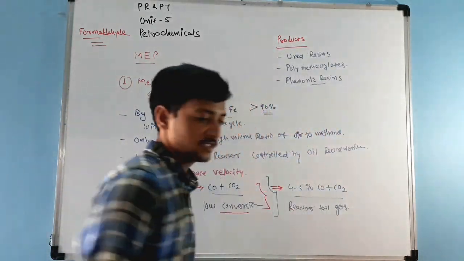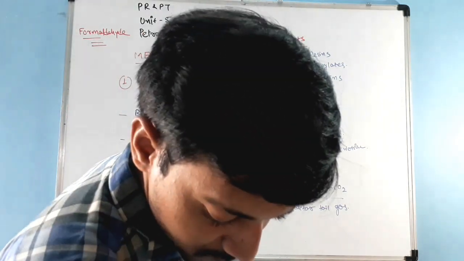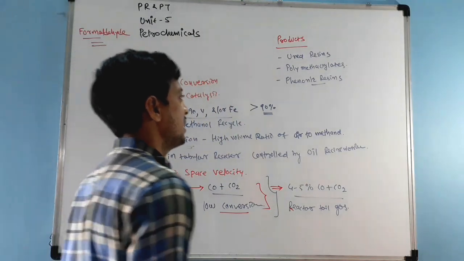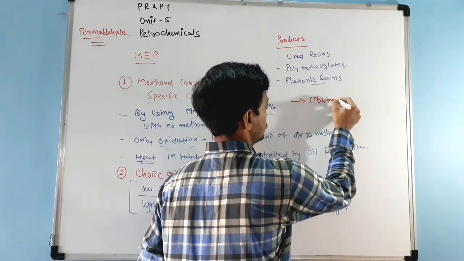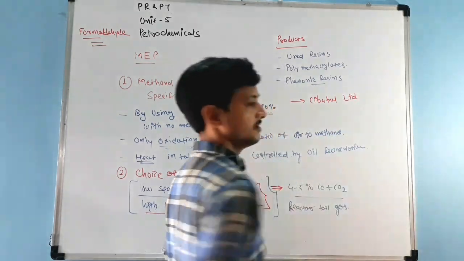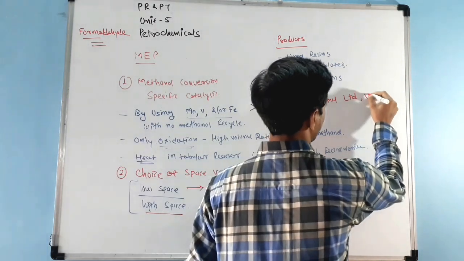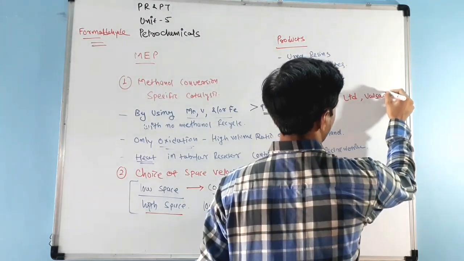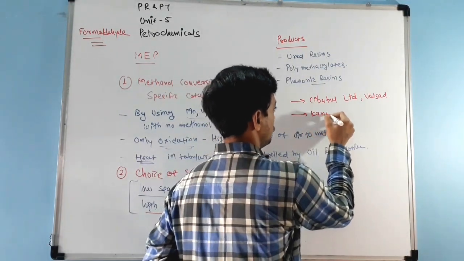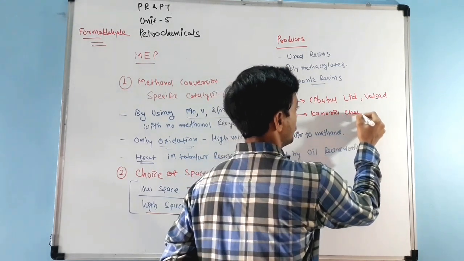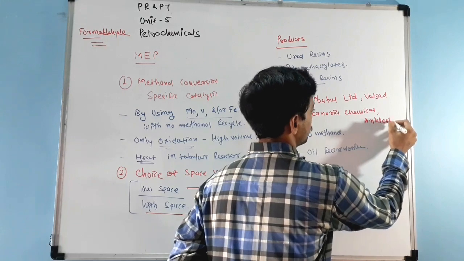Now the manufacturing companies: which companies manufacture formaldehyde? First one is Sibatul Limited, situated in Valsad. Then Kanoria Chemicals, Ankleshwar.